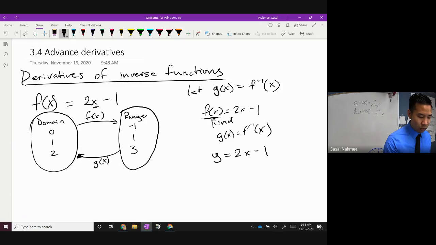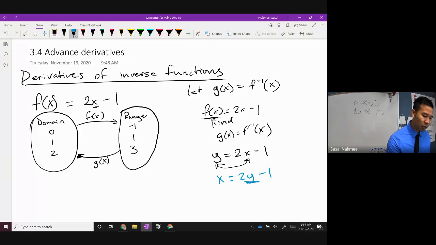Then you switch the variables around because the inverse switches your input and your output, your domain and your range. So you would rewrite this as x equals 2y minus 1. And then you would solve for y.